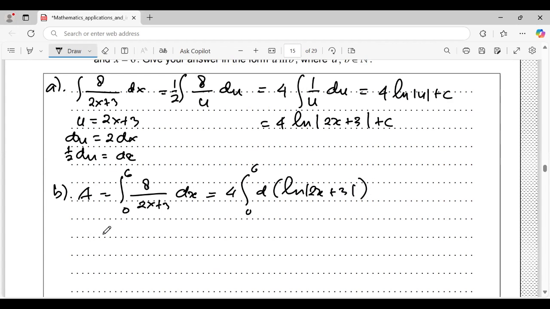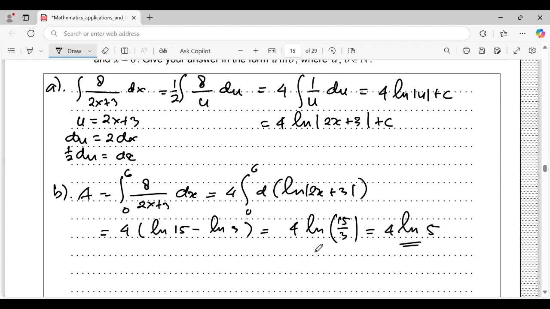Then substitute 6 and 0 into this expression: 4 times ln 15 minus ln 3. According to the ln rule, it comes to 4 ln 5. This is the solution.